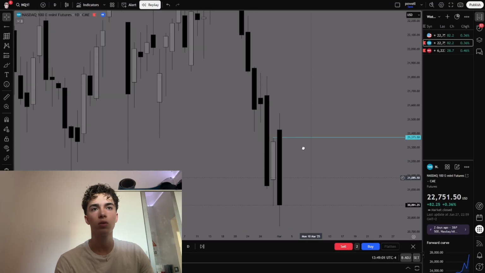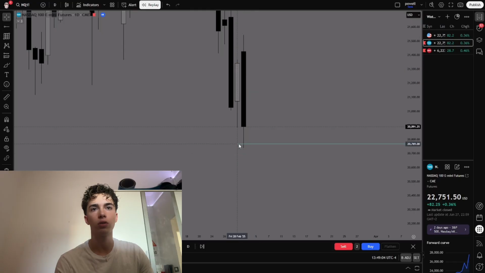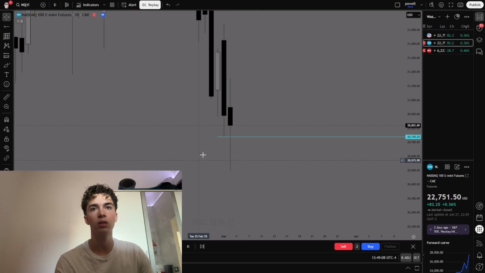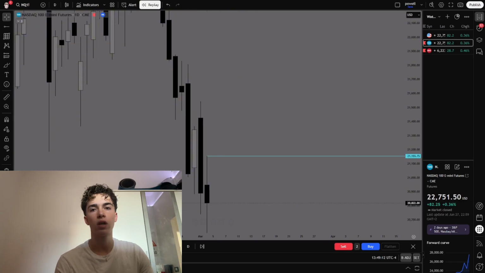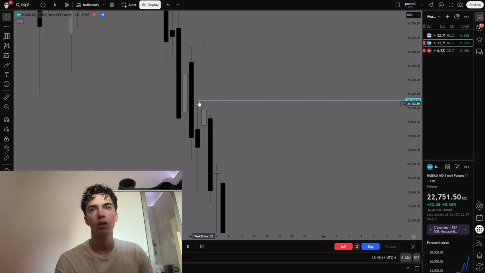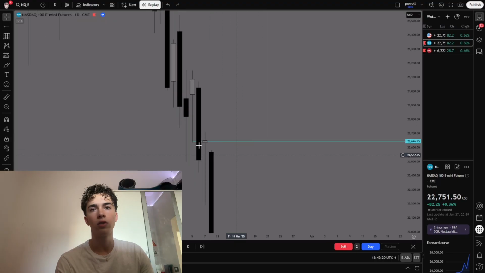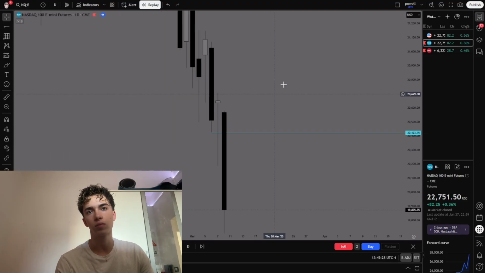We sweep, we close below, so here. Same thing, sweep, so our bias works correctly. We aim for the high. The high barely got it. We aim for the low. Got it and closed below, so we aim for the low, got it but closed above.